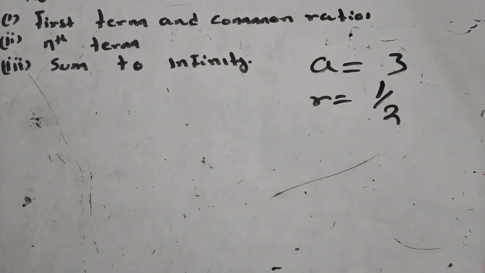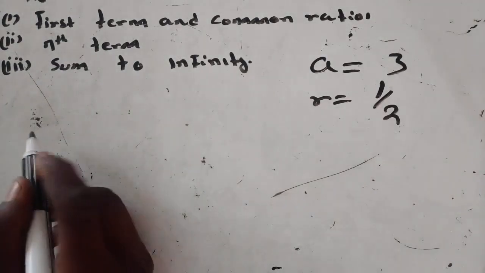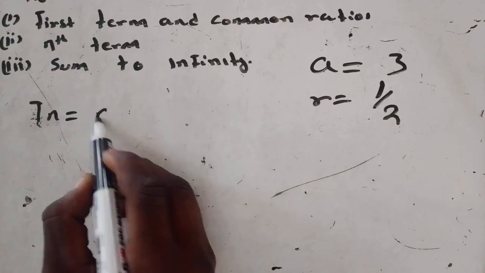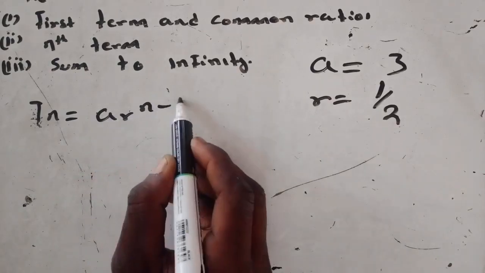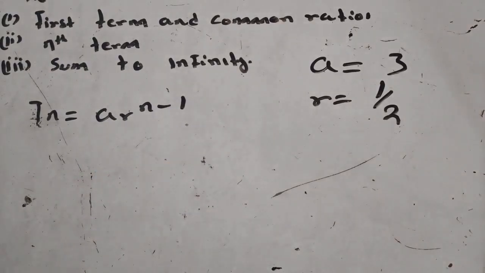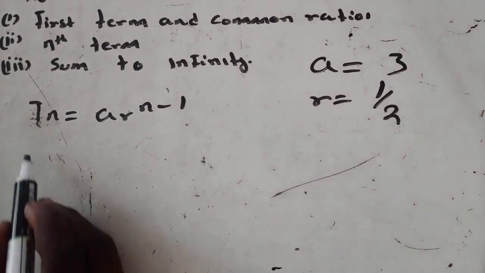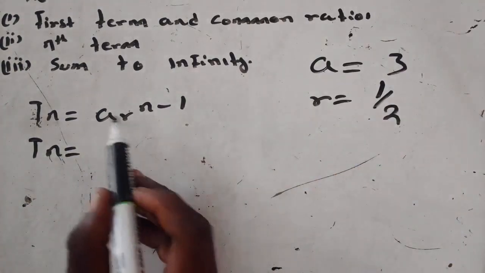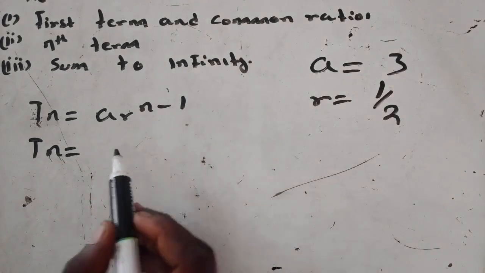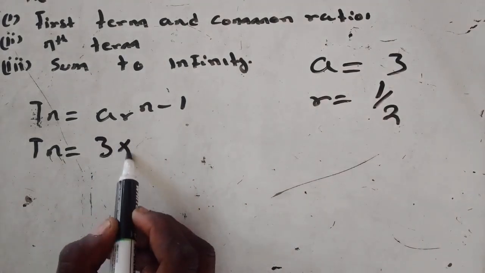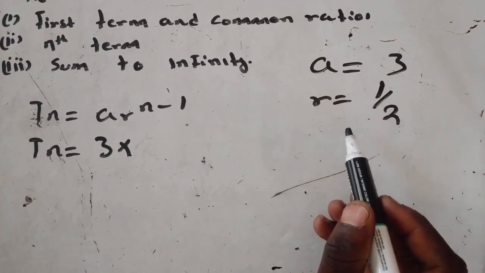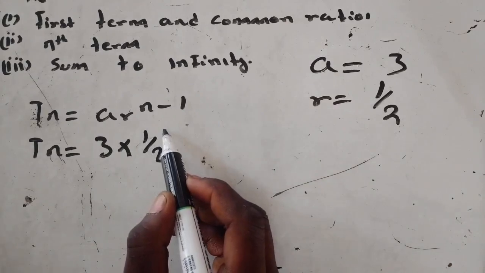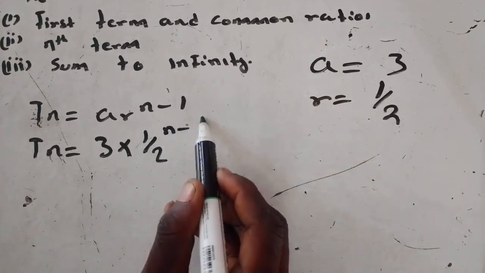So we know that the nth term is given by the formula Tn is equal to a r to the power n minus 1. So Tn is equal to our a, we have found that it's 3. So where there's a, we place 3, multiplied by our r, it's 1 over 2 to the power n minus 1.